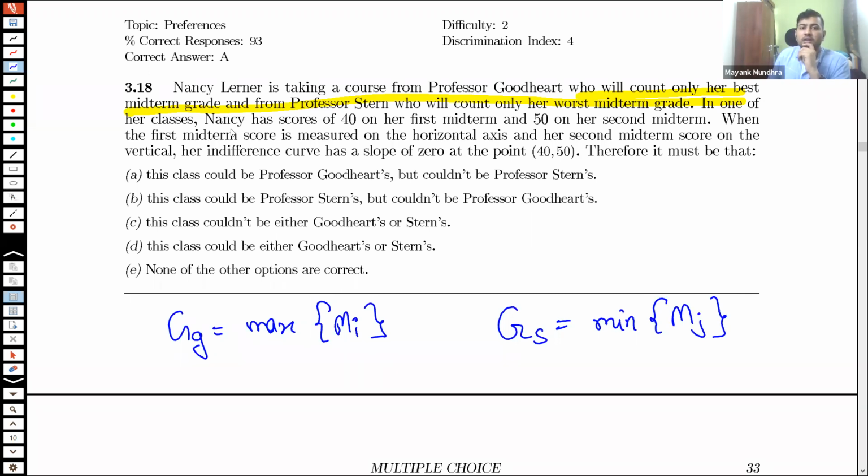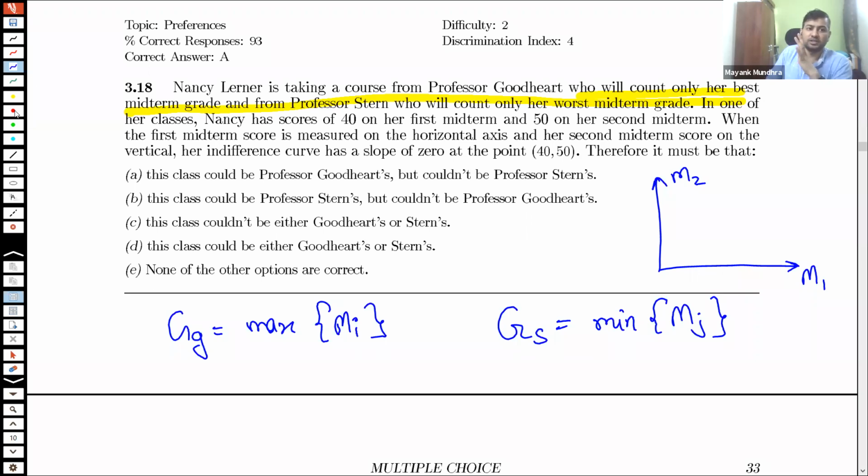In one of her classes, Nancy has scored 40 on her first midterm and 50 on her second midterm. When the first midterm score is measured on the horizontal axis and the second midterm on the vertical axis, her indifference curve has a slope of 0 at that point.